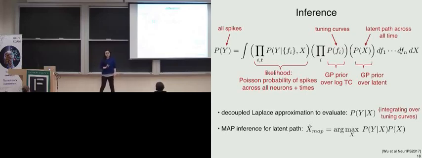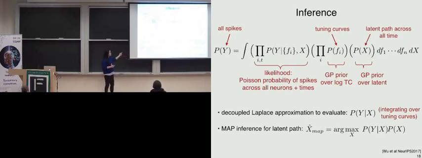But this integral is intractable. So we can't really just do the integral and learn the hyperparameters of the model by optimizing the likelihood. So we propose to use a decoupled Laplace approximation to marginalize over F first, then we will have P(Y given X), which is just integrating over all the tuning curves. And then you can do standard maximum a posteriori estimation to learn the latent path X hat by maximizing the joint distribution of P(Y given X) multiplied by P(X).